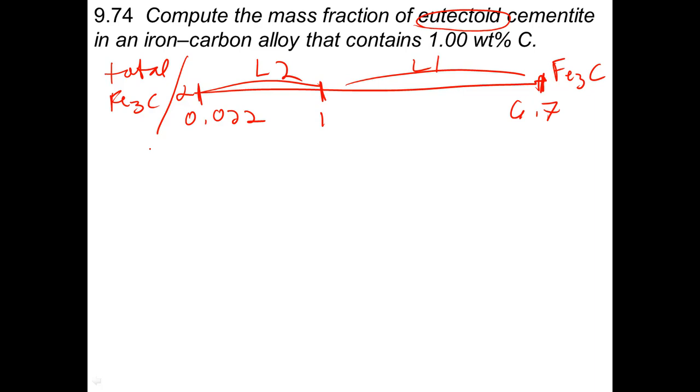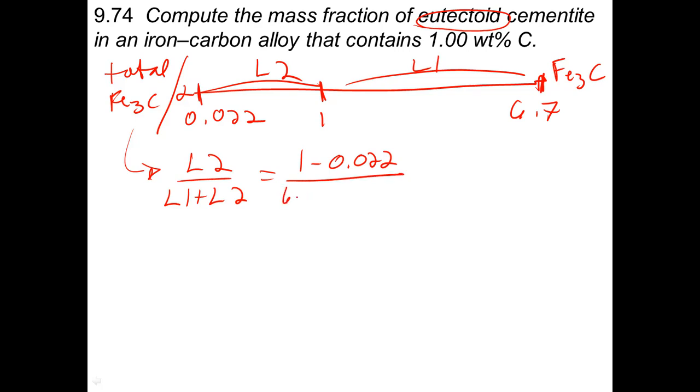So I'll go ahead and get the mass fraction of the total cementite, which is L2 divided by L1 plus L2. Or a mass fraction of 0.146 is the total cementite.